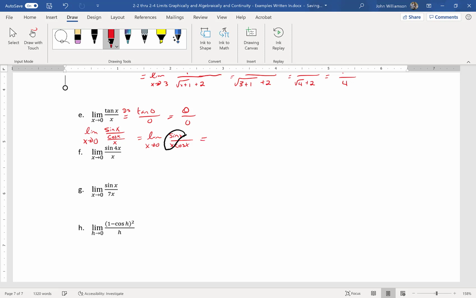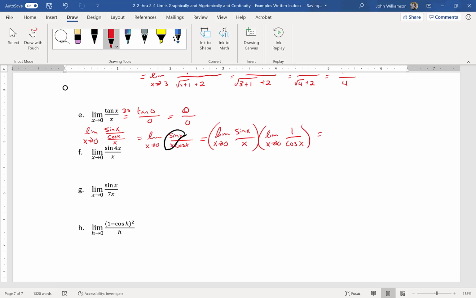So we can rewrite this now as a product. So this becomes the limit as x is approaching 0 sine x over x. That special trig function that you should have read the proof of in your book, proved by the squeeze theorem, times now what's left over. So limit as x is approaching 0, 1 over cosine x. Or if you want to rewrite this as secant x, that's fine.